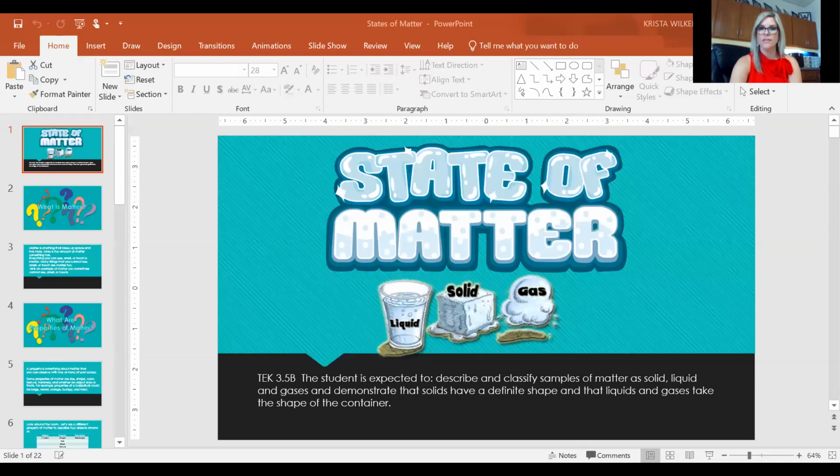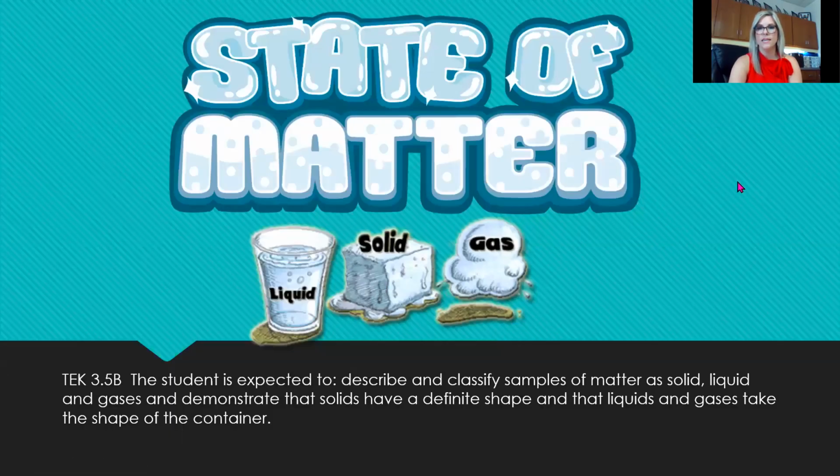And I am going to show you guys a PowerPoint that I've made that just talks about the states of matter. Now, on this first slide, you're going to see it says TEKS 3.5B. And what this is, is what the state guidelines tell us to teach, and it lets you know what you're expected to learn.